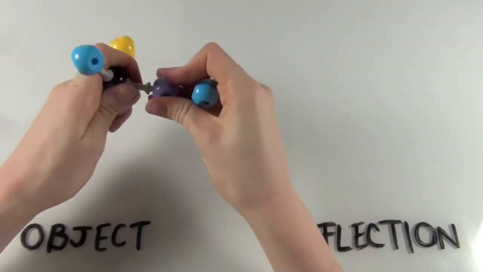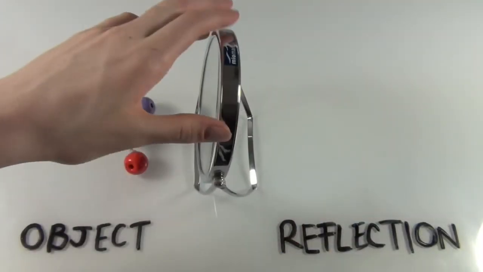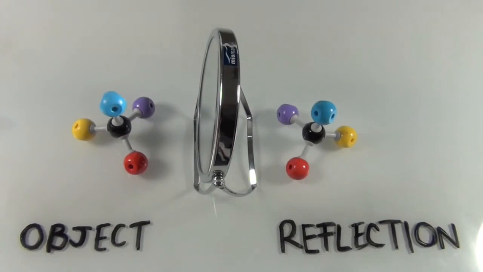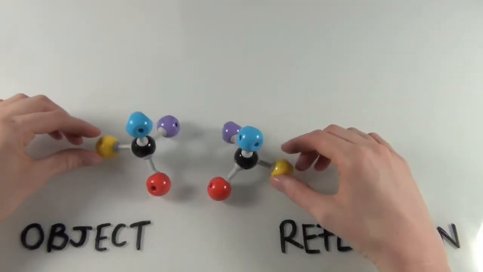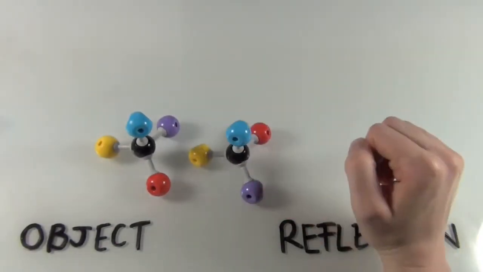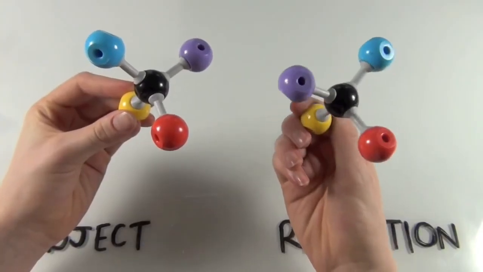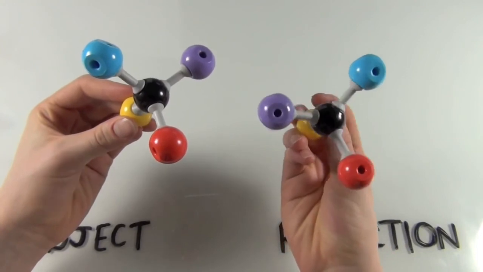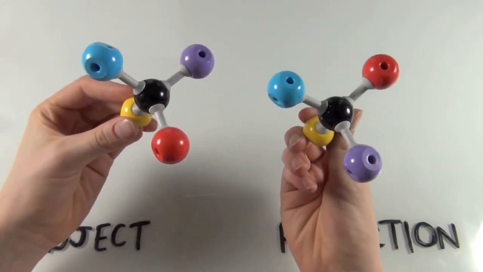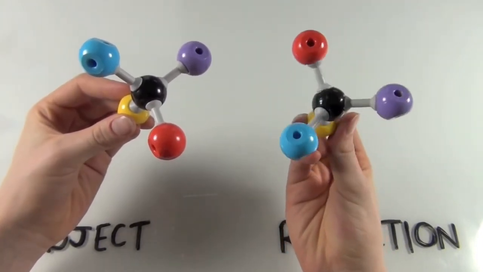Changing the final ball to purple, we have the object and its reflection. What I'm trying to show you here is that there's no way that I can rotate the reflection of the object so that all the colours are in the same place.